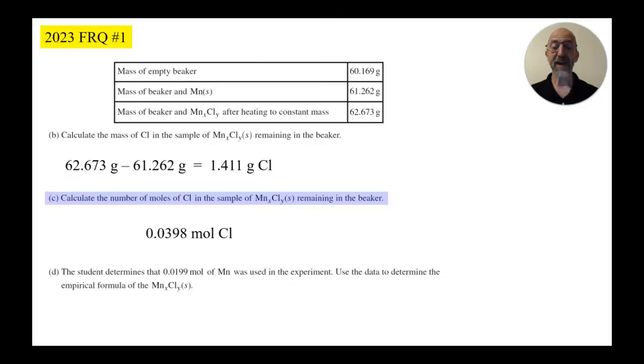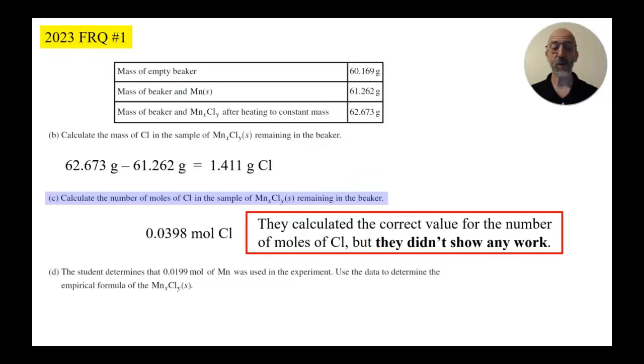Now, it's not that their answer numerically is incorrect, but they would not earn credit for their response. Why? Because they didn't show any work. So they did calculate the correct value for the number of moles of Cl, but because they didn't show any of their work, they did all the work on their scratch paper or on their calculator, they would not receive credit.